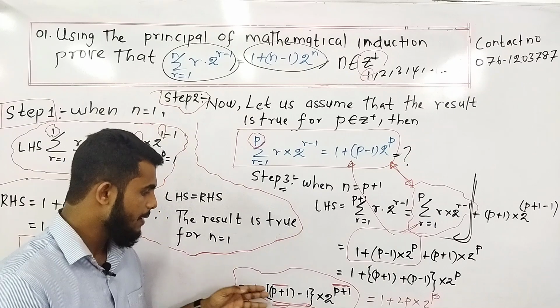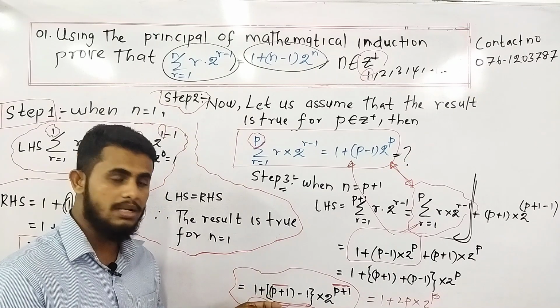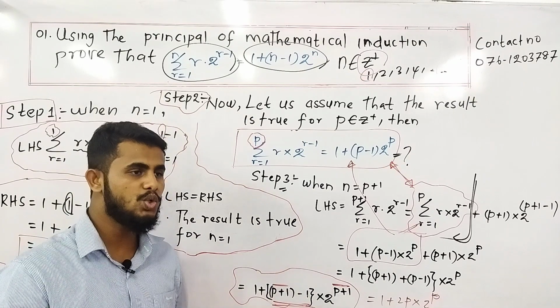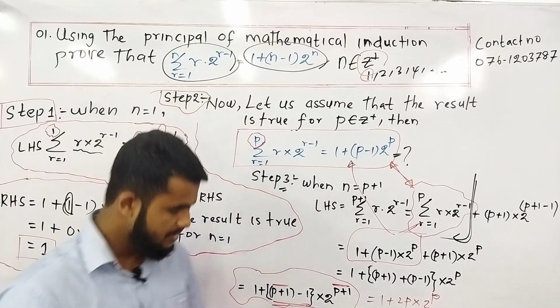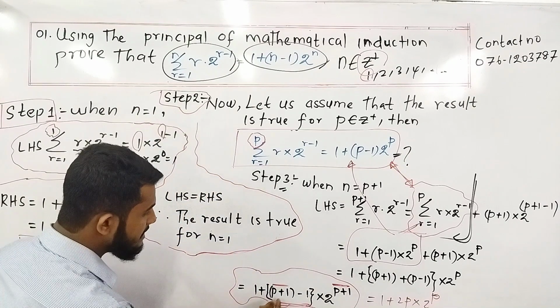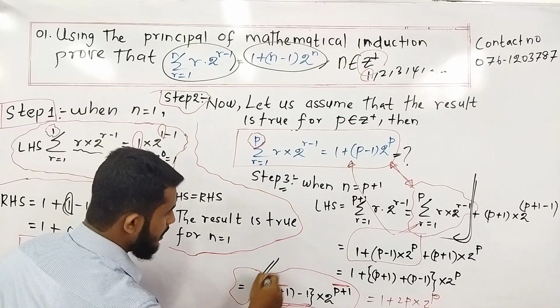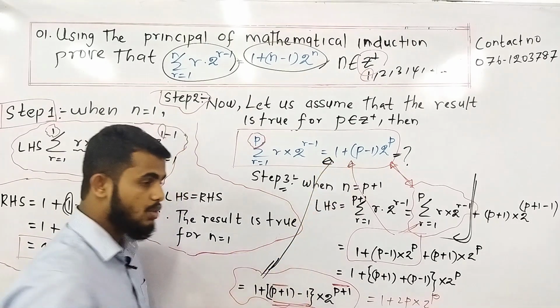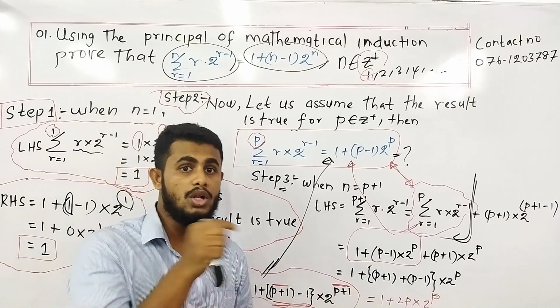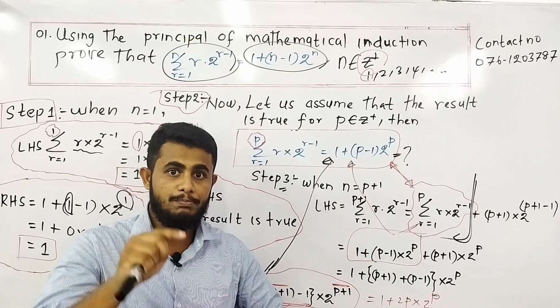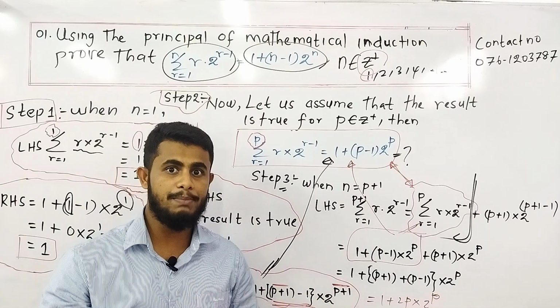So 1 plus bracket p plus 1 minus 1 into 2 to the power p plus 1. Now tell me, this is the same result that I have here, right? So this result is also true for n equals p plus 1.